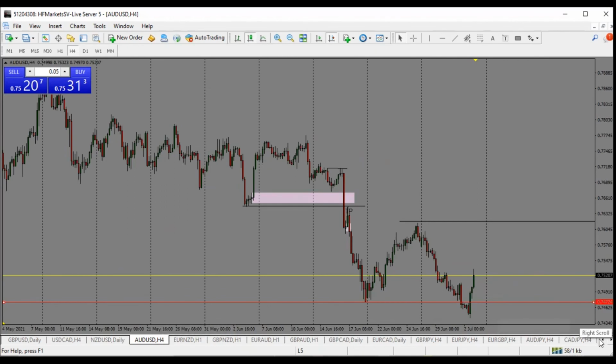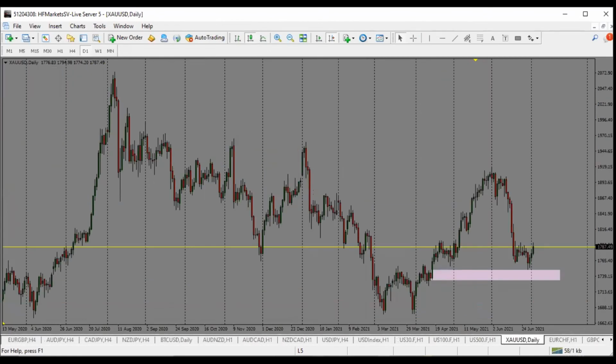Let's quickly go to gold. On gold, I don't really have much to say, because we have something very nice there. The market took out this particular low around here, and it respected the high of this particular order block and pushed higher. So the market has closed around here.